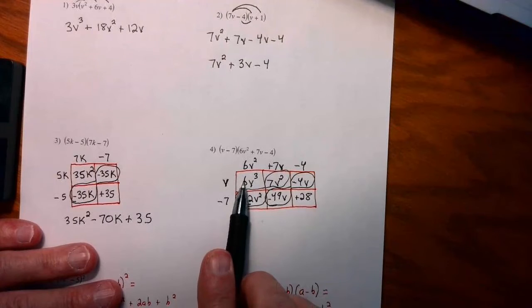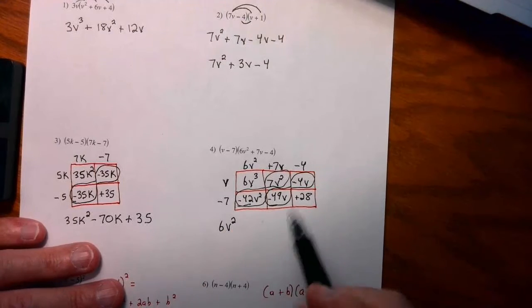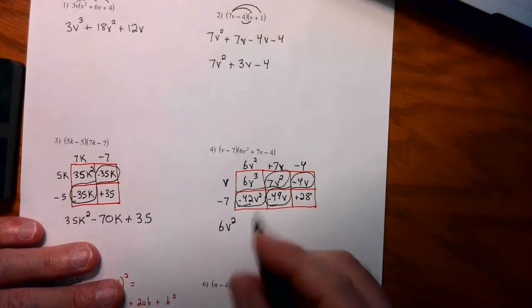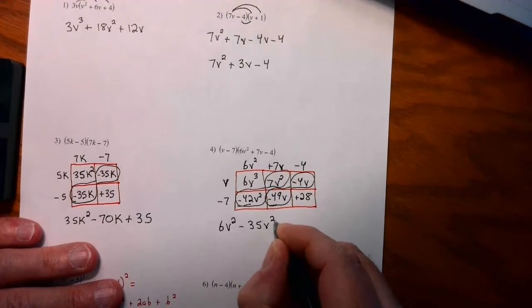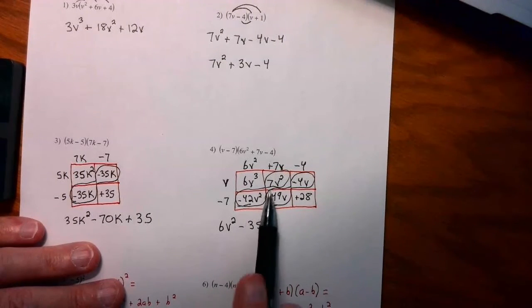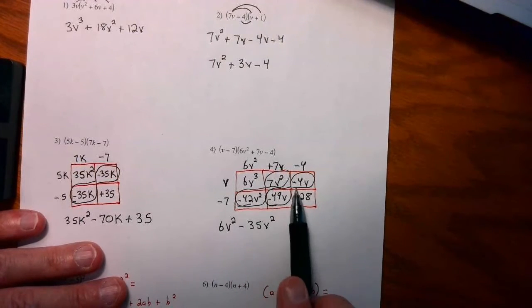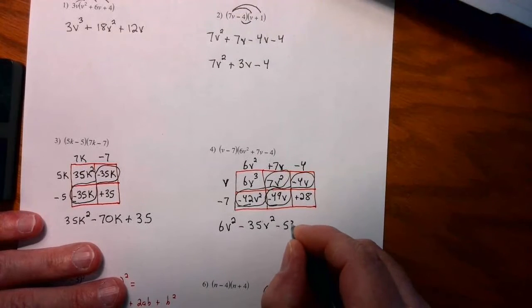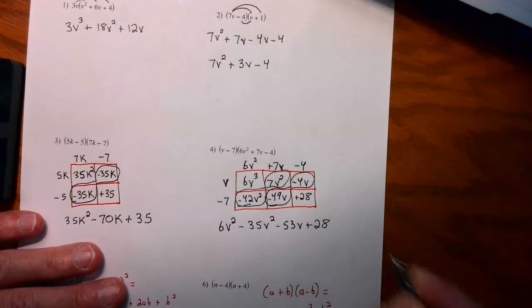So the 6v to the third comes first. So our answer is 6v to the third. Okay, you can put these two together. This becomes negative 35v squared. Right? Negative 42 plus 7. All right? And negative 49 and negative 4, negative 53v. And the 28 comes along, okay?